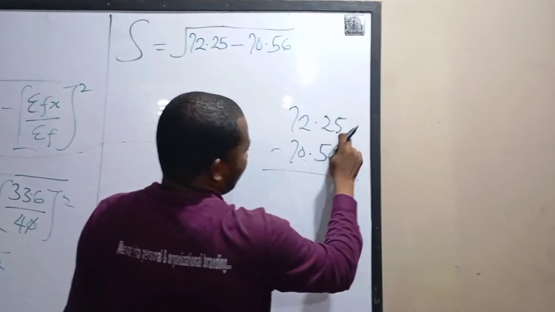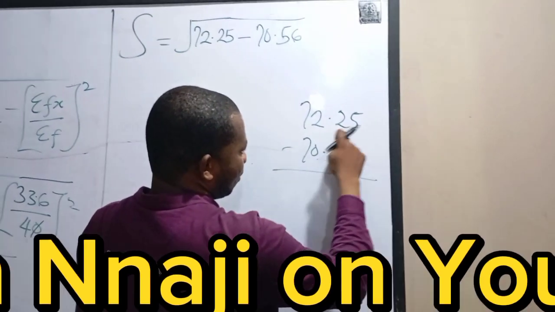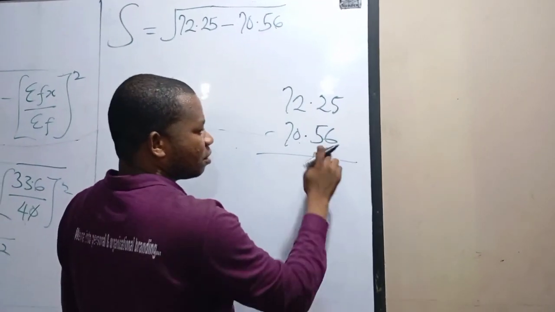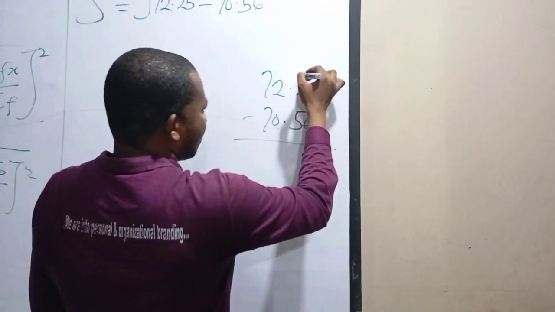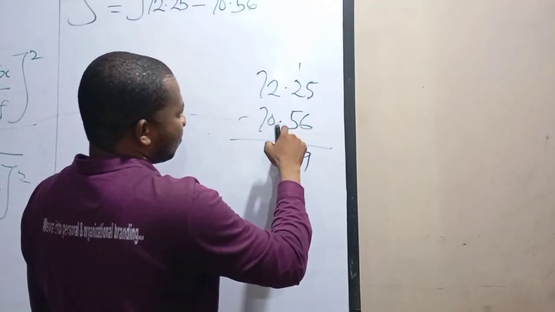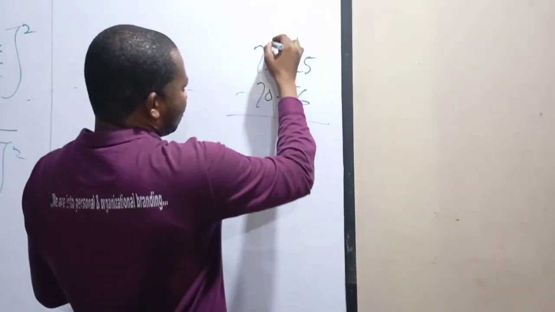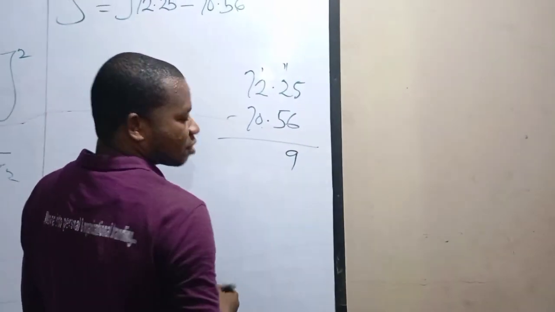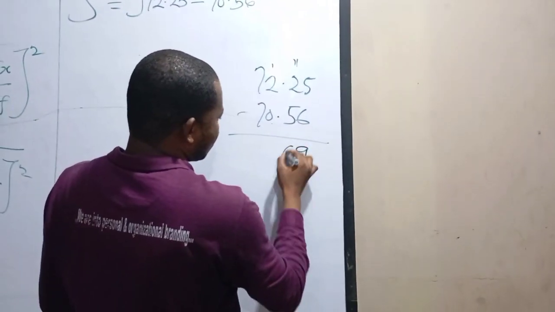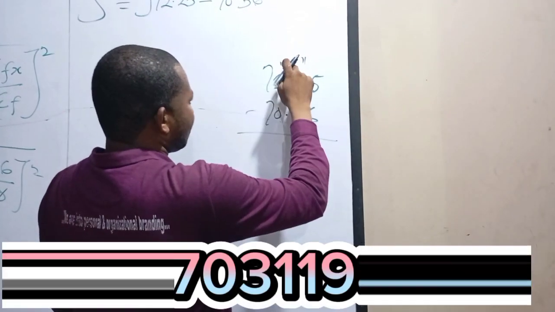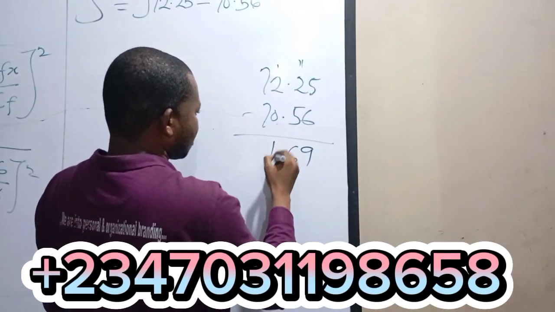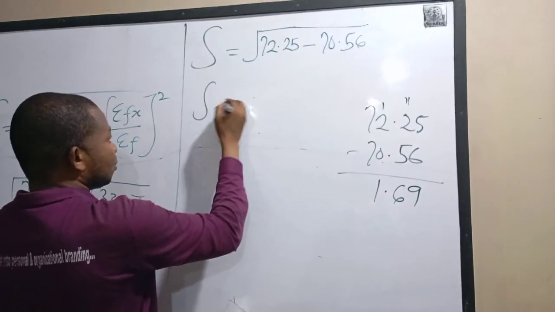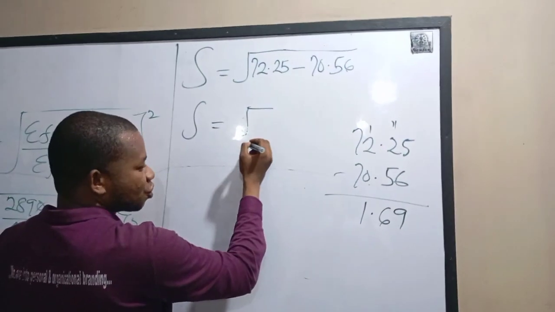Now 5 cannot minus 6, lend 1 from here, you have 15. 15 minus 6, that is 9. You're left with 1 here. 1 cannot minus 5, lend 1 from here, you have 1 left, bring it to 11. 11 minus 5 gives us 6. So what are we left with here? 71 minus 70, which is 1.